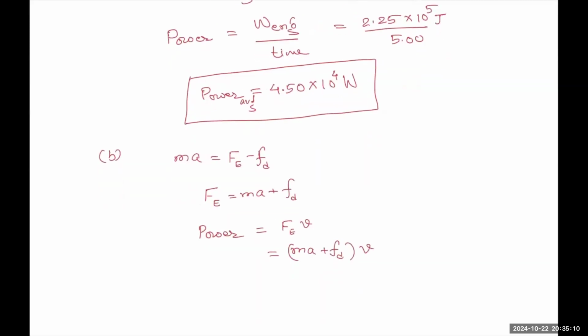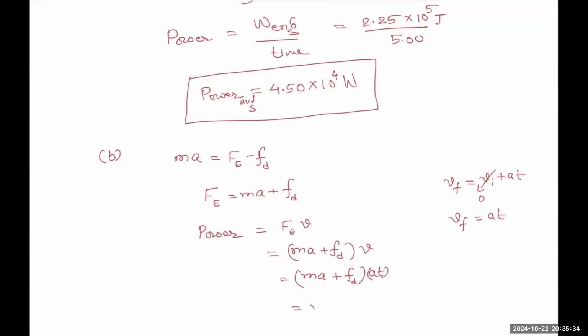And the problem gives constant acceleration. We can also write this velocity as Vf equals Vi plus At. So Vi is 0, so Vf is At. So I can write this as At.